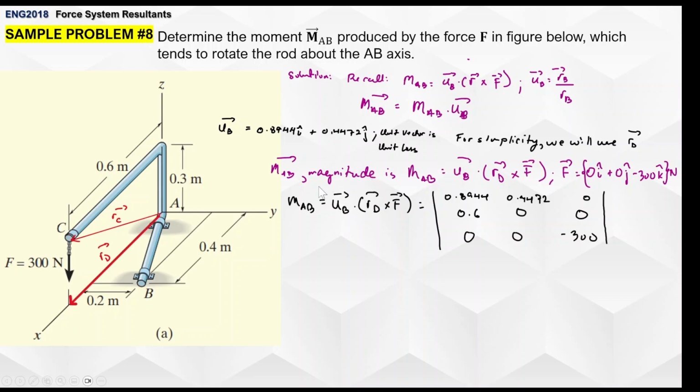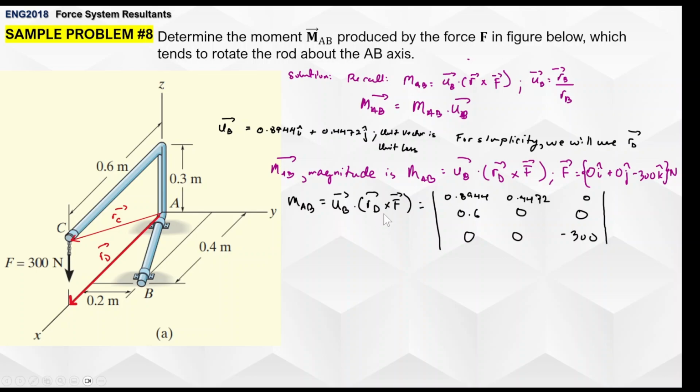And RD here is just simply 0.4, actually, no, actually 0.6, sorry. This one's a little different, but 0.6 i hat. So that's going to be 0.6 i hat, 0, and then 0. And then our force vector here is 0, 0, minus 300k, since it's going down.